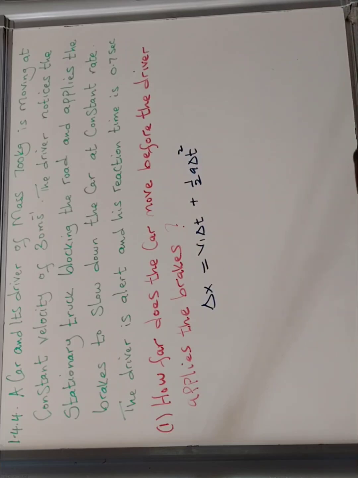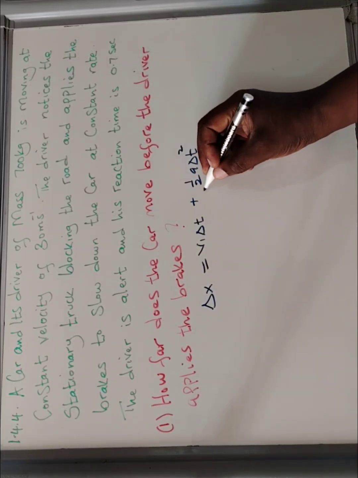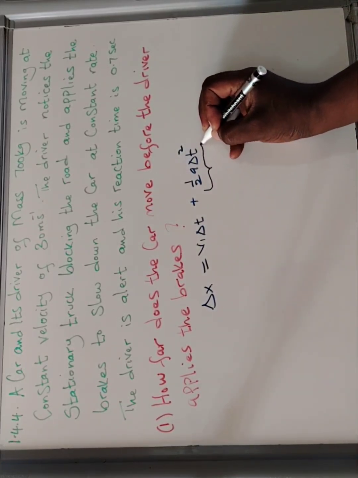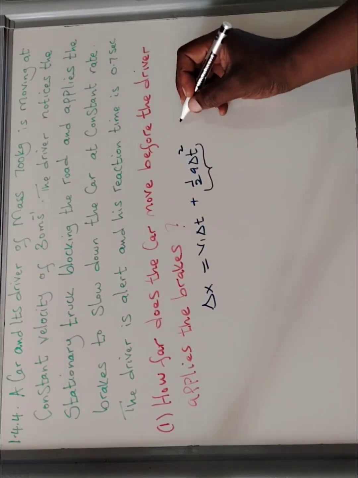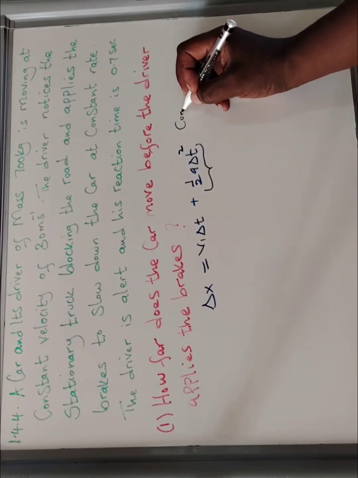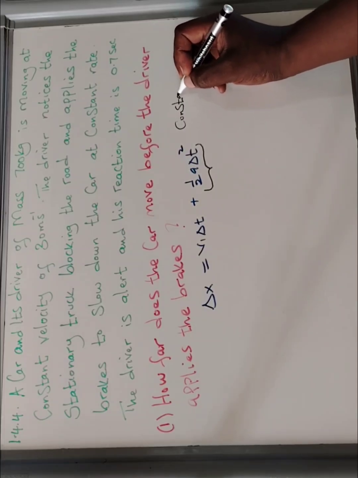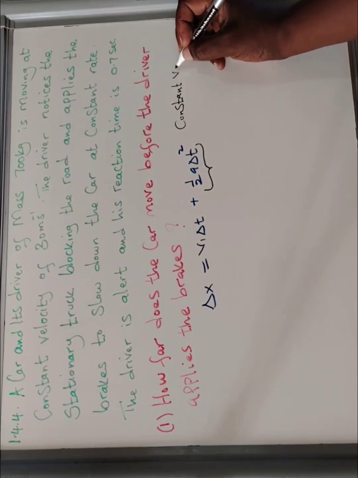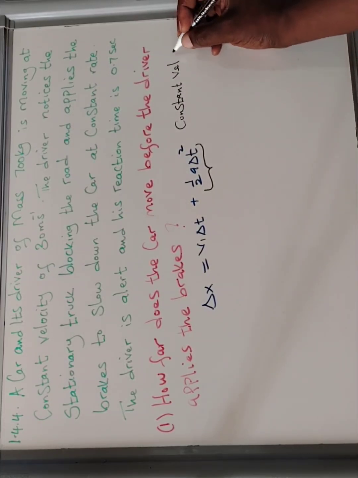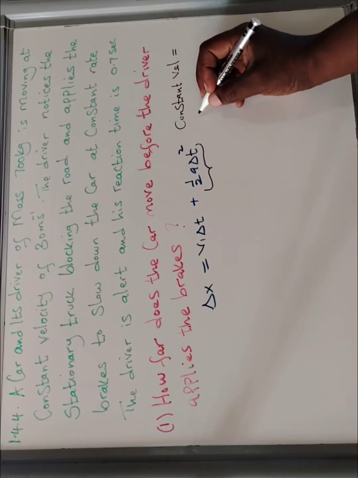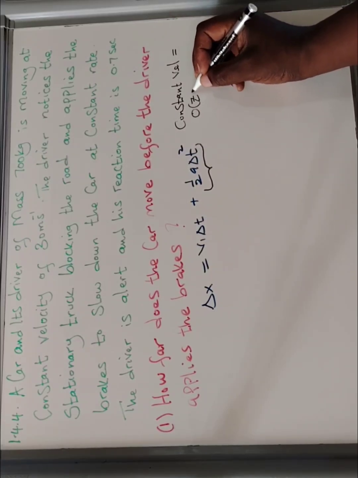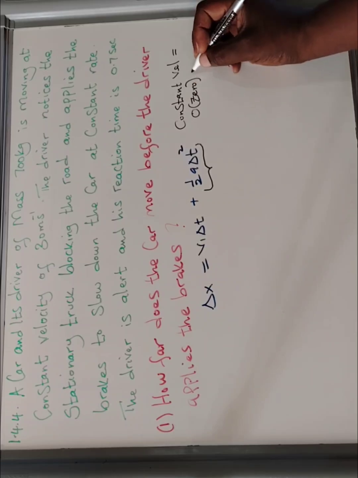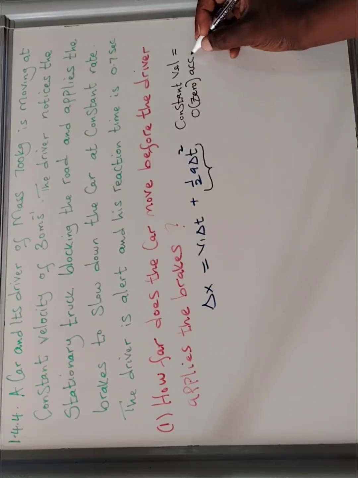Now, I want you to analyze this part. What we have here in this equation is acceleration, and constant velocity means zero acceleration.